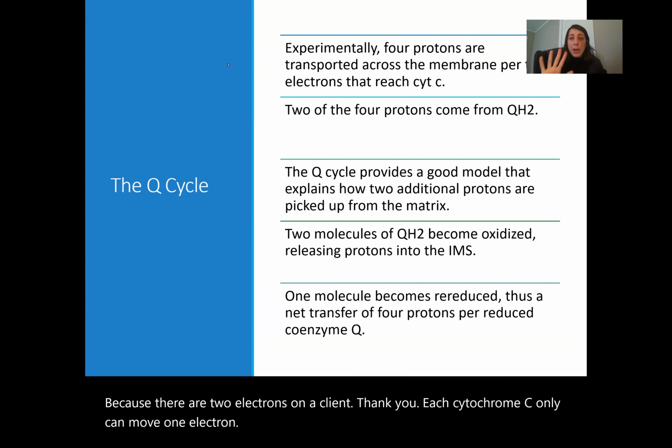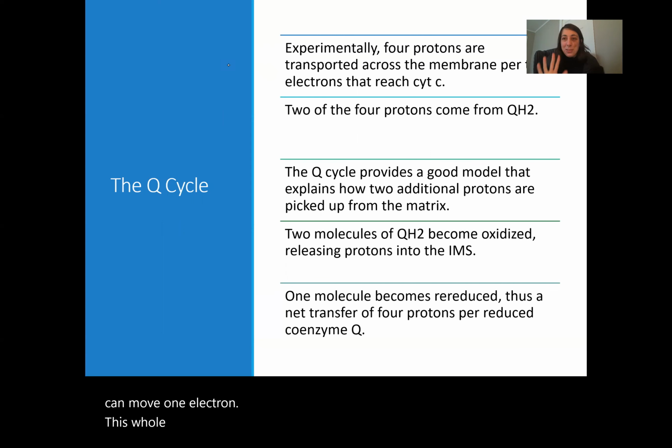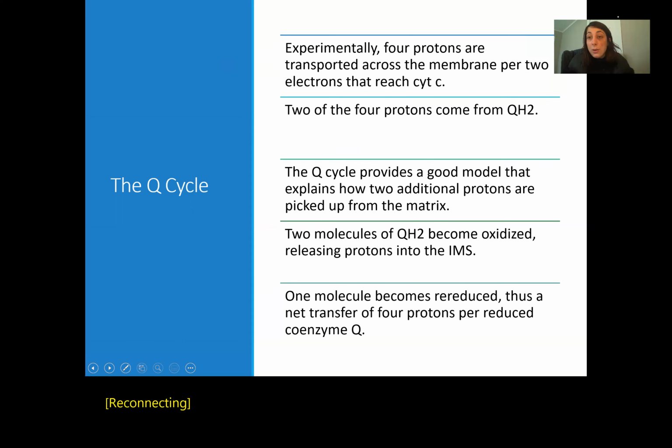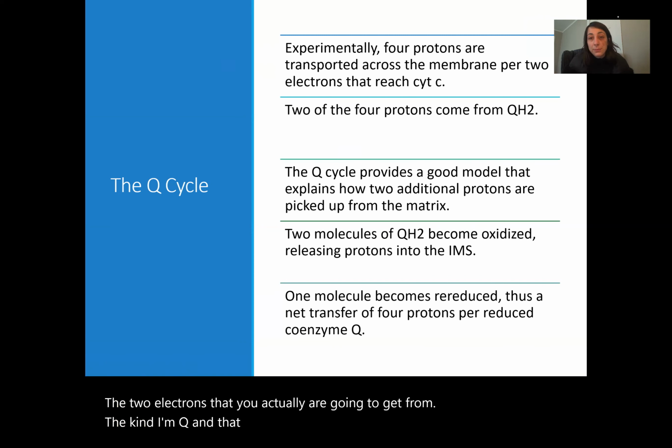This whole process, I simplified it very much into just you're moving electrons onto a cytochrome C. This whole process is actually called the Q cycle, and it's made up of many more steps. Again, ultimately, 4 protons are transported across the membrane per the 2 electrons that you actually are going to get from the coenzyme Q and that reach a cytochrome C.